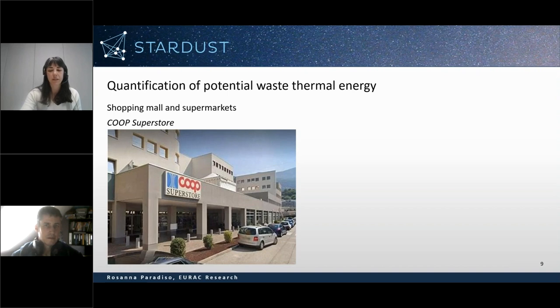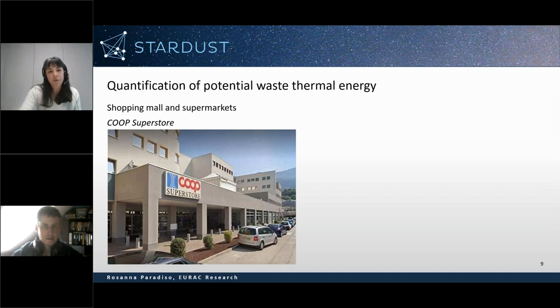The first activity I will show you is the COP Superstore, which is a shopping mall, for the quantification of potential waste thermal energy. This was the only case in which we managed to get real data of energy consumption.